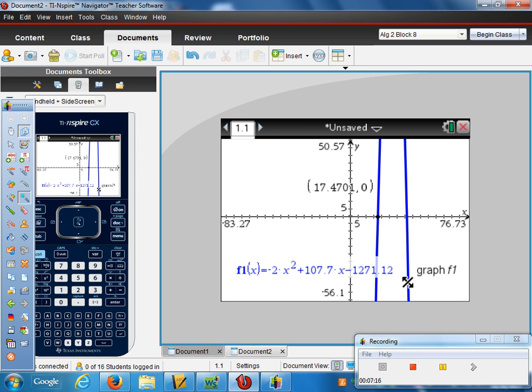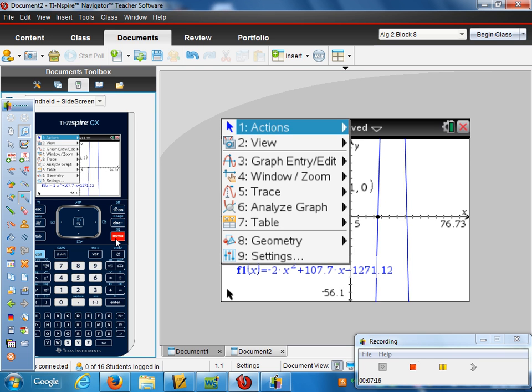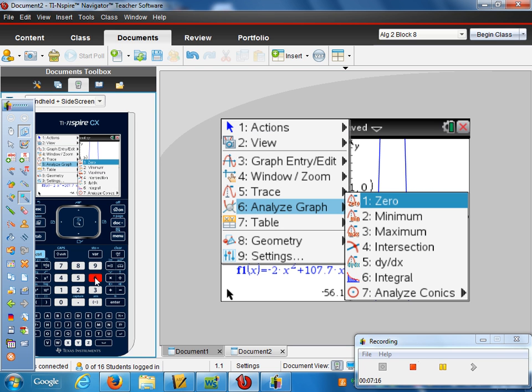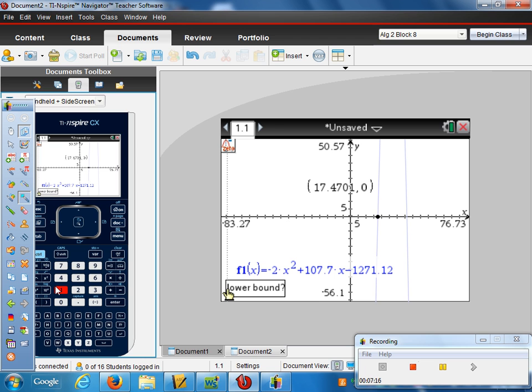Okay, am I done with this problem? Yeah, 17.47 is one answer, but then you have to repeat it again: Menu, Analyze Graph, Zero, get somewhere on the left of it. And then hit enter, and then move to the right of it, and hit enter.